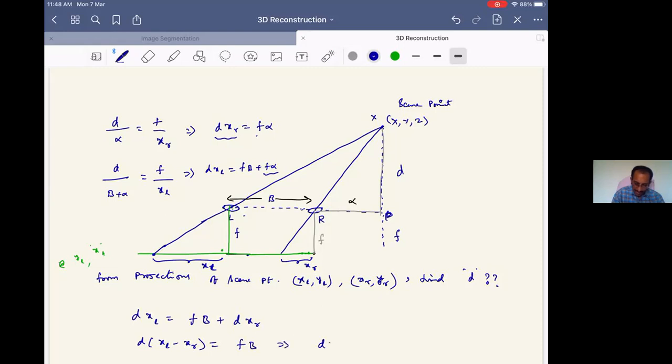That implies d is equal to fb by (XL minus XR), that is, fb by delta x, where delta x is referred to as the relative difference between the projections, referred to as disparity.